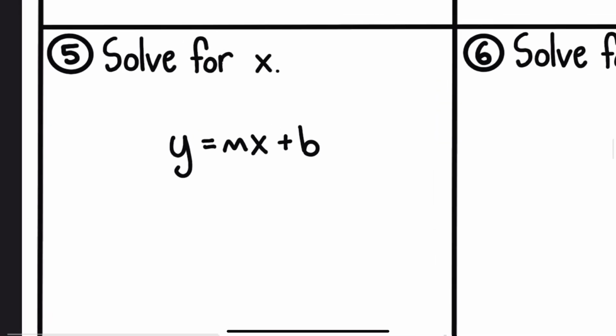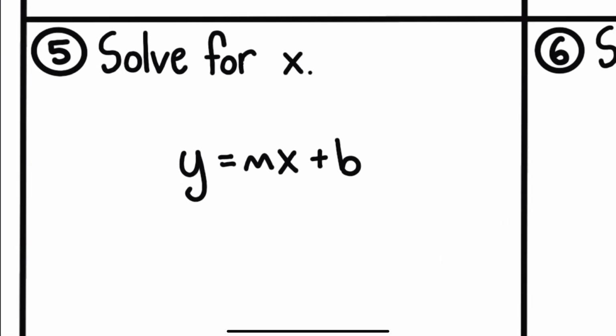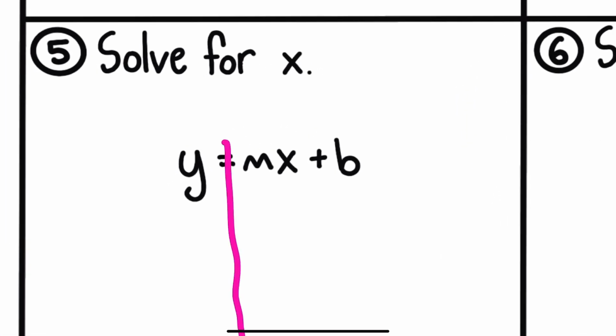Let's try one of these two-step equations. This one also says solve for x. Okay, here's my x. I want to get it by itself, but now I have a b and an m in the way. Okay, well, I want to do these in order. So every time I've solved, I've done my adding or subtracting first.